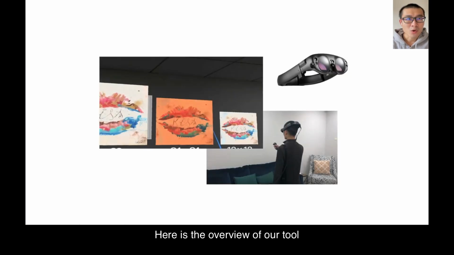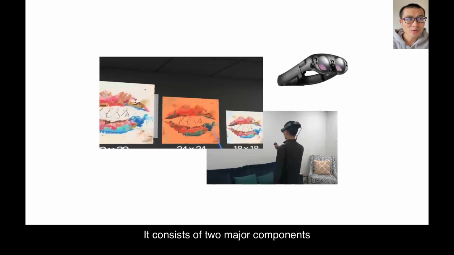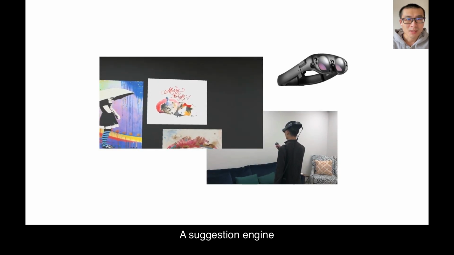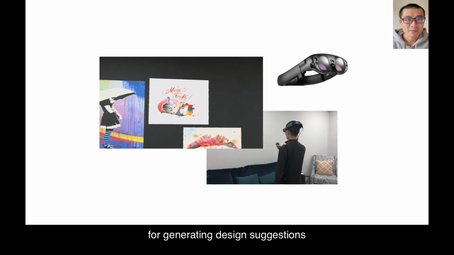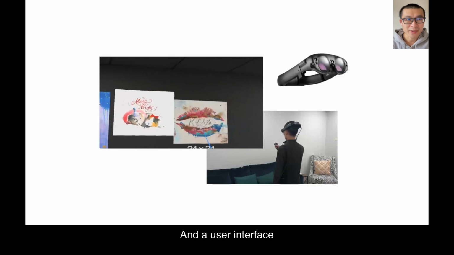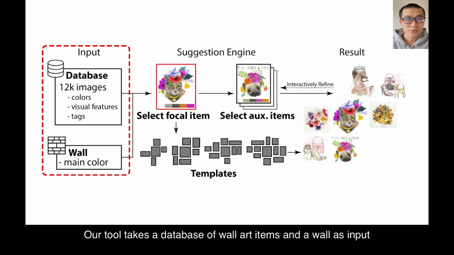Here is the overview of our tool. It consists of two major components: a suggestion engine for generating design suggestions, and a user interface for customizing the design. Our tool takes a database of wall art items and a wall as input.